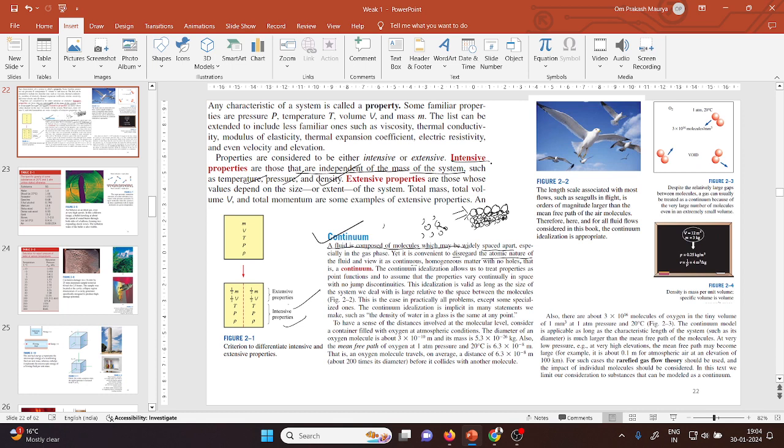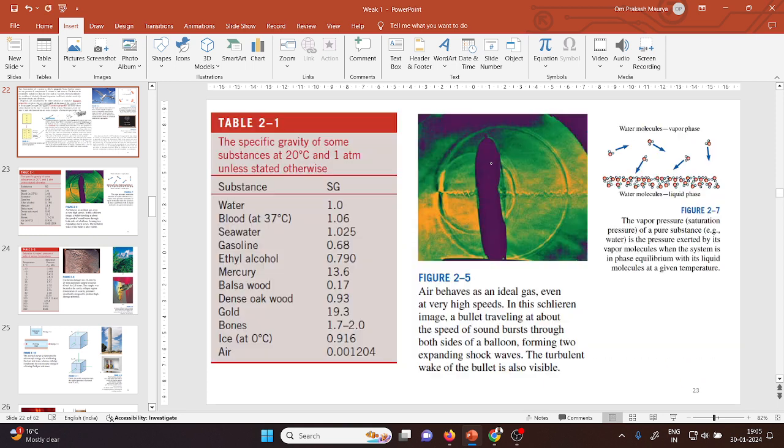An extensive property is one which depends on the mass, size or extent of the system, like total mass, total volume, total momentum. These are examples of extensive properties. We need these things in the next chapters.